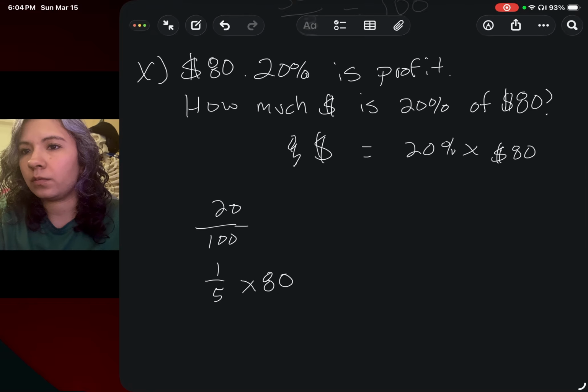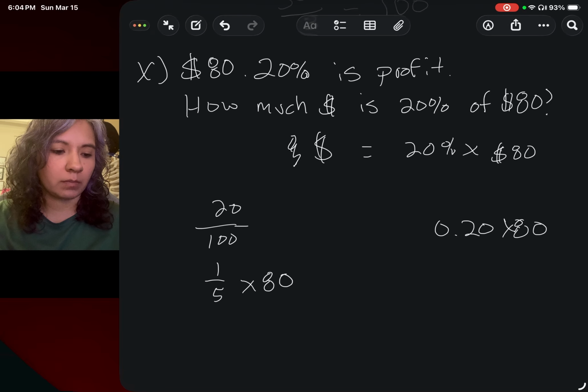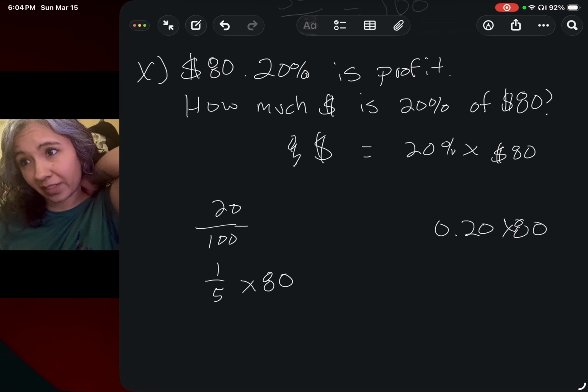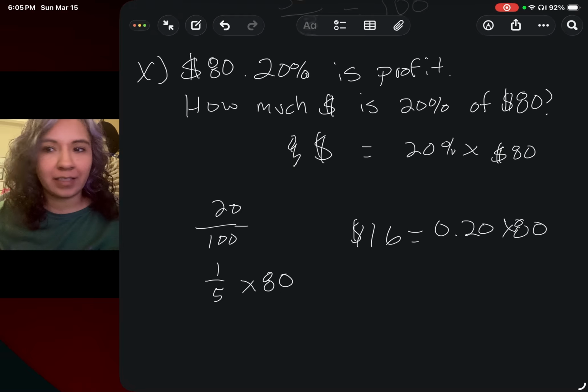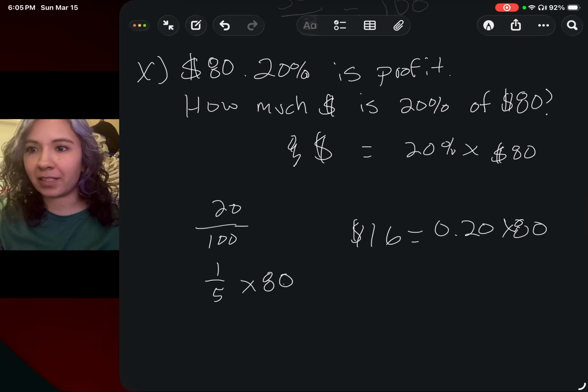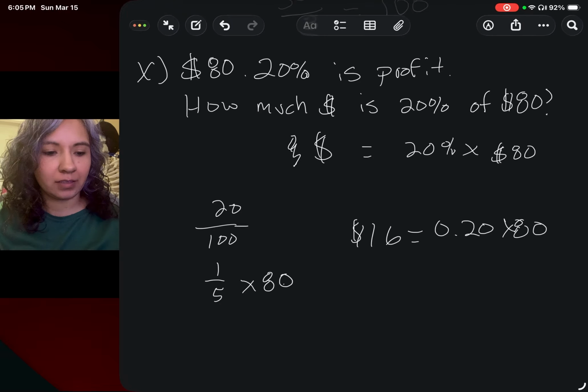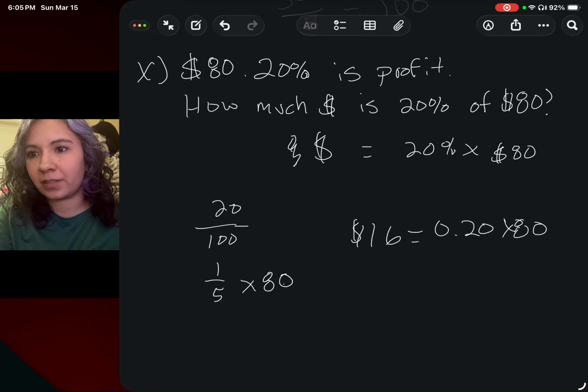Or we can do the percentage, move the decimal over 2 to the left, 0.20 times 80. These should give you the same thing, right? So you make $16 when you multiply this out. 16 here, and this is the same as 80 divided by 5, which is also 16.